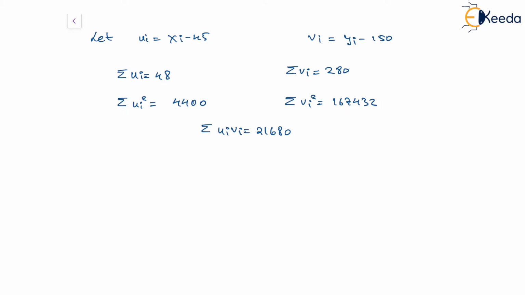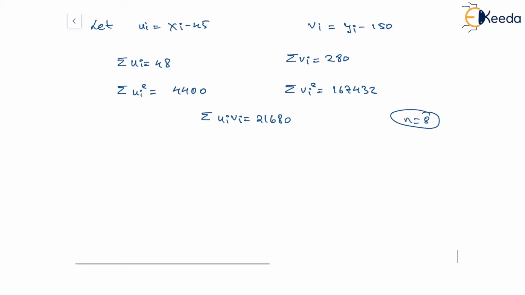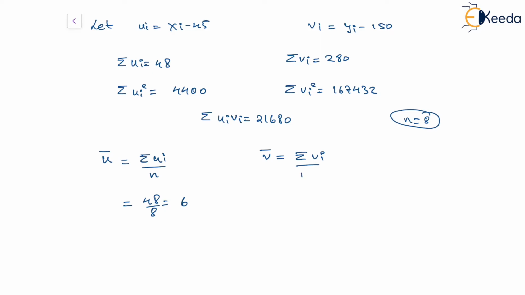So from these data, and of course n is equal to 8, we can find the value of u mean, which will be equal to summation of ui over n, that is 48 over 8 equal to 6. Similarly, v mean, which will be summation of vi over n, becomes 280 over 8, and that is equal to 35.